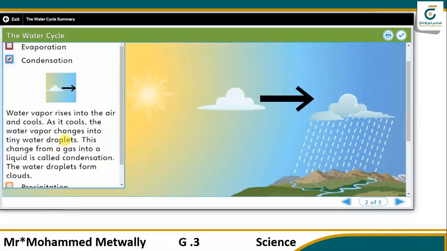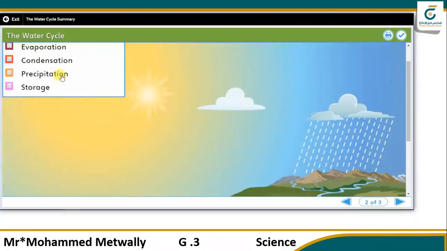This change from a gas into a liquid is called condensation. So condensation is the change of a gas into a liquid. Water droplets form clouds. In the condensation part of the water cycle, you have to know that the water droplets form clouds.